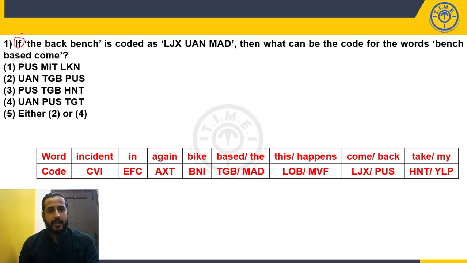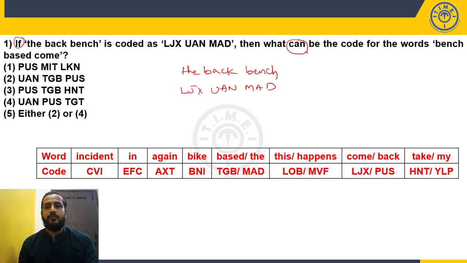If "back bench" is coded as LJX UAN MAD, then what can be the code for the words "bench based come"?